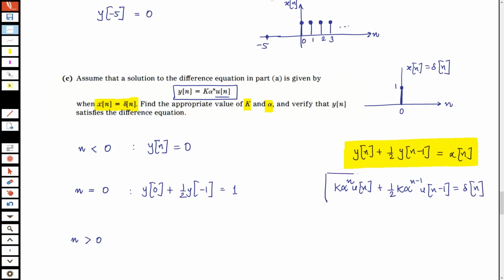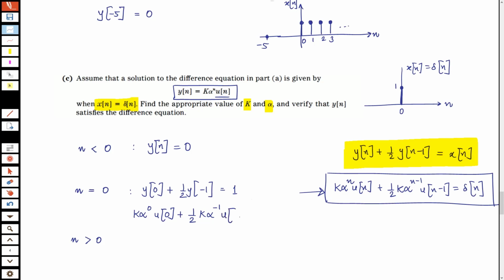This is the equation we have. And now we are looking for different values of n. Particularly for n equal to 0, when I plug in n equal to 0 in this expression, I would get k alpha to the power 0 u of 0 plus half k alpha to the power 0 minus 1 u of 0 minus 1 equal to delta of 0.